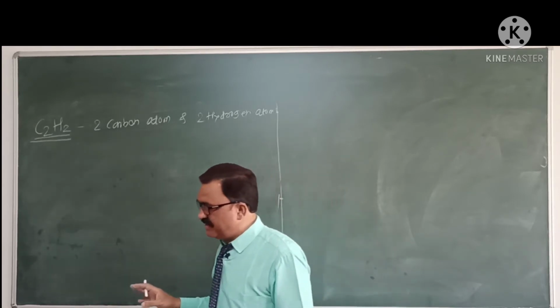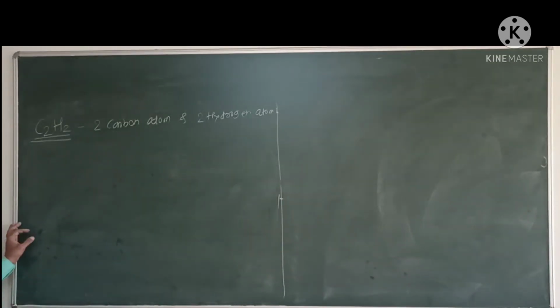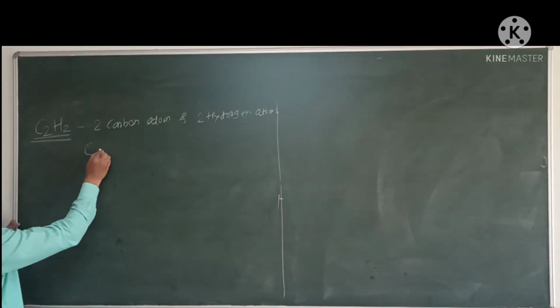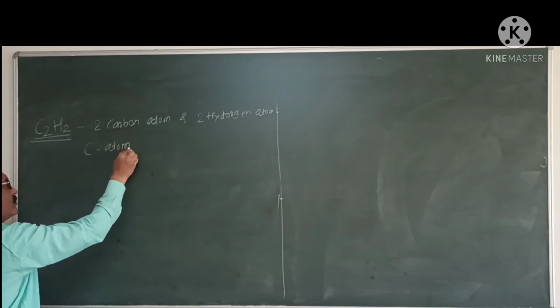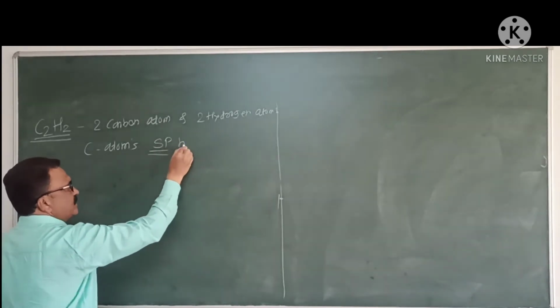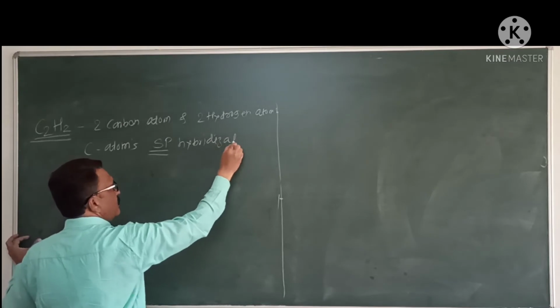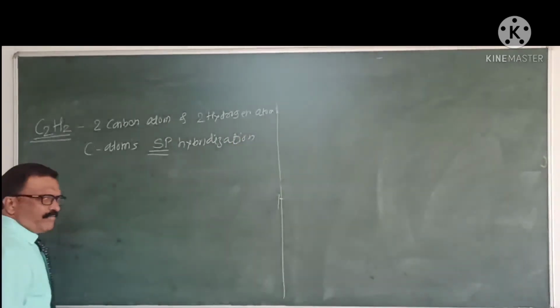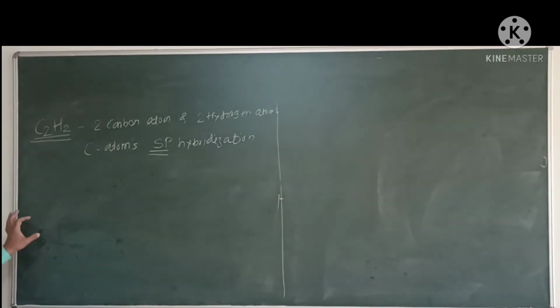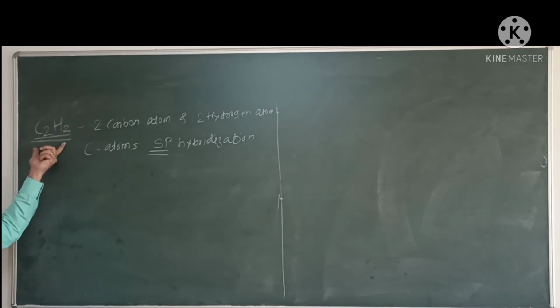Out of these, both carbon atoms undergo sp hybridization during the formation of the acetylene C2H2 molecule.